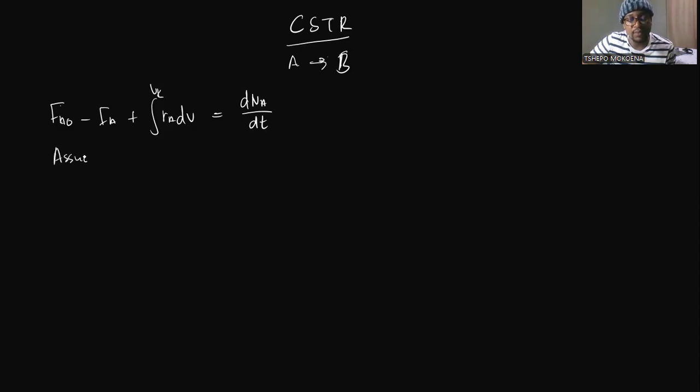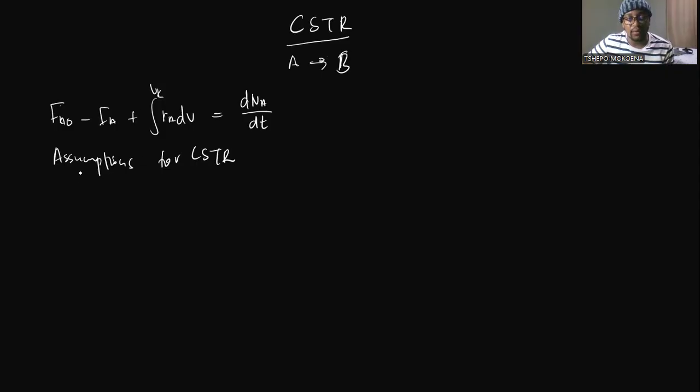The CSTR is designed so that a stream goes into the tank and another stream leaves it. The stream going in is the inflow stream, and the one that leaves is the outflow stream. So F sub A0 is the inflow, and F sub A is the outflow, hence it's negative to show that it is leaving the system.